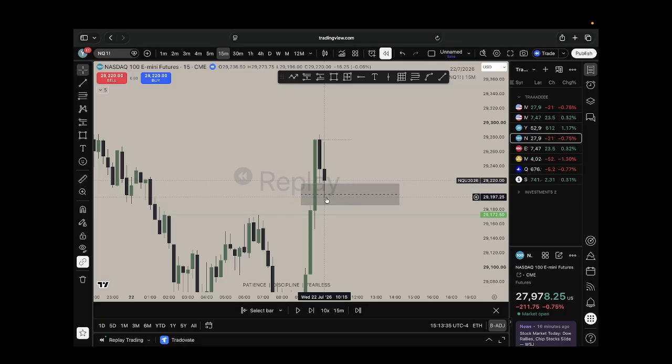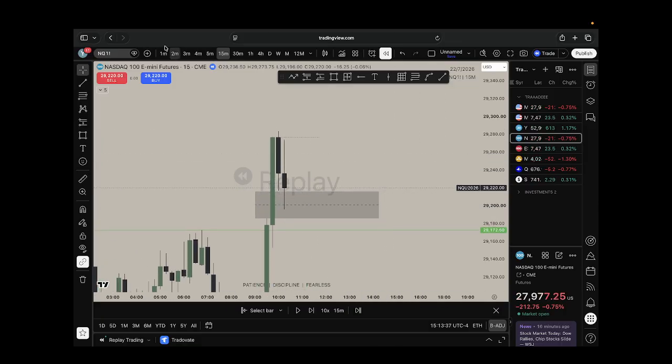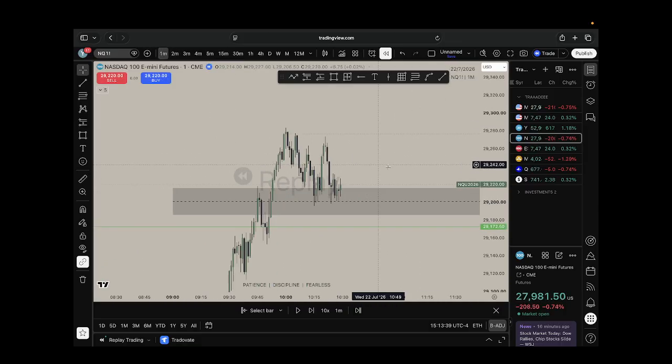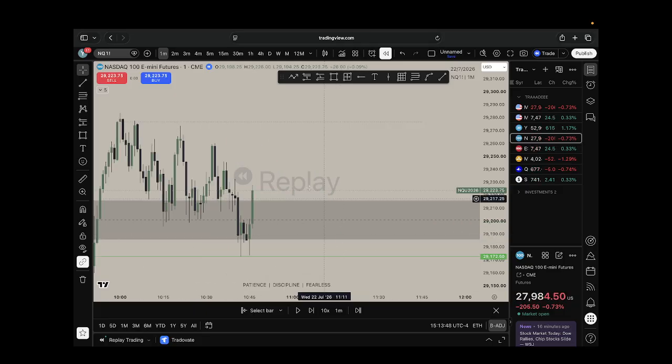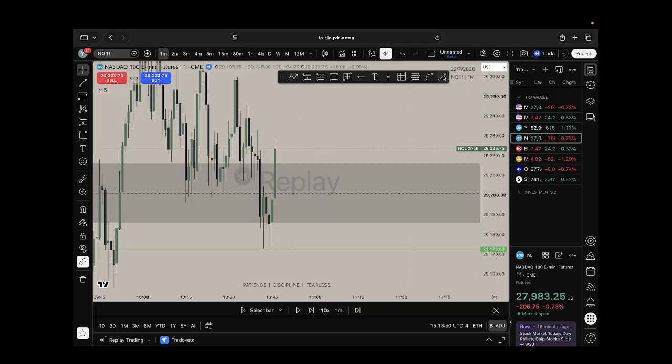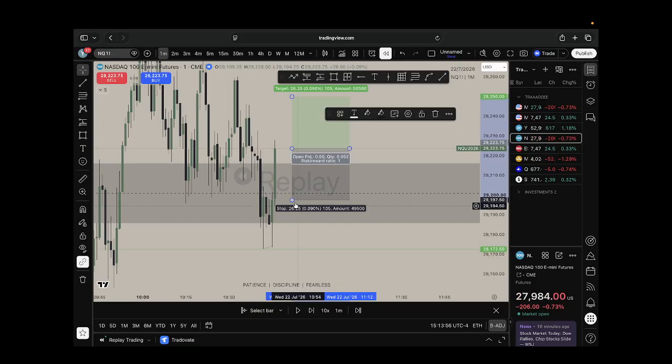So we end up tapping into this 15-minute gap right here. All right. And we can fast forward price, we end up getting super choppy. And right here, we ended up putting in an SMT right here. And then we got our bullish change in the state of delivery right here.